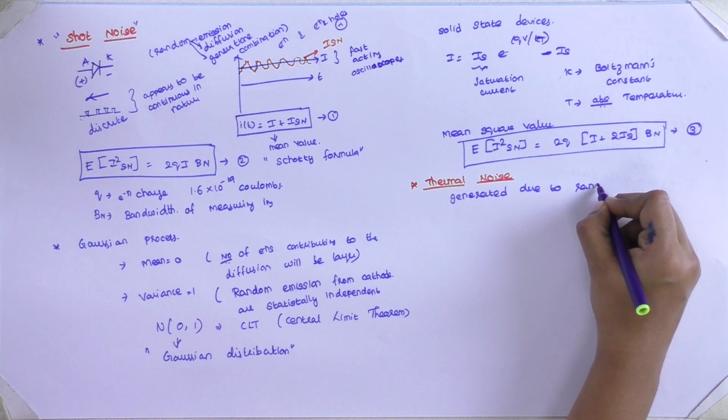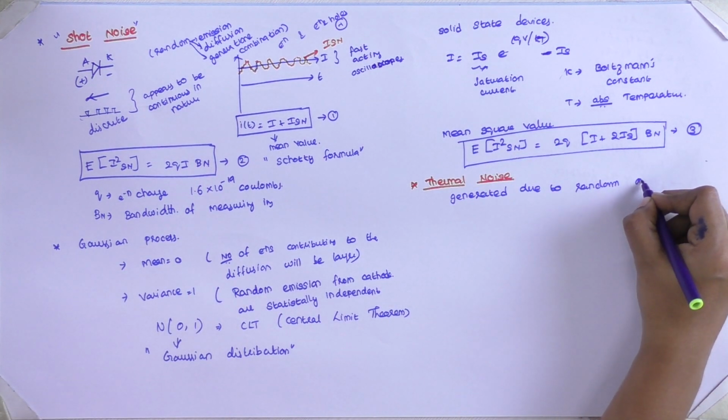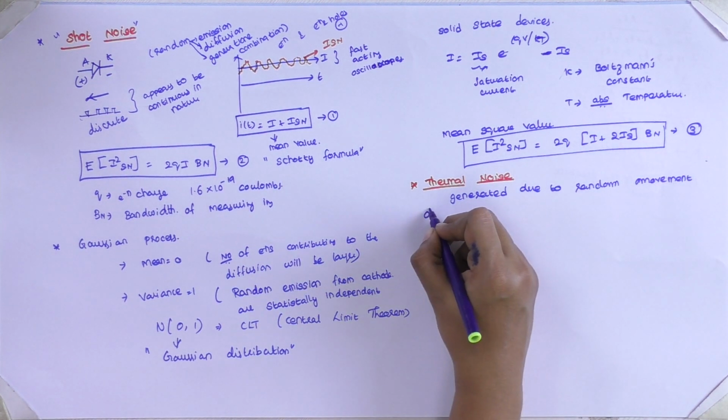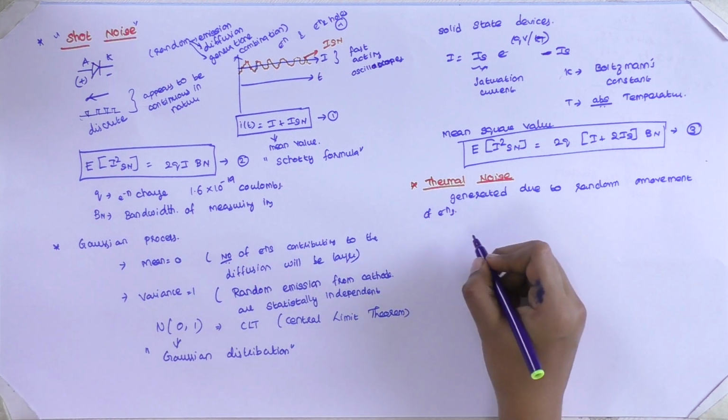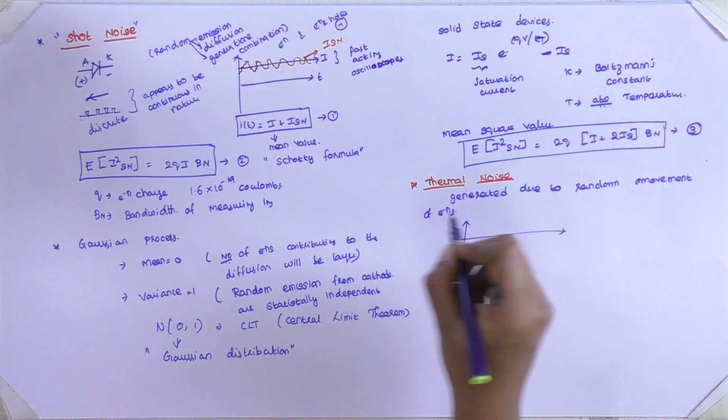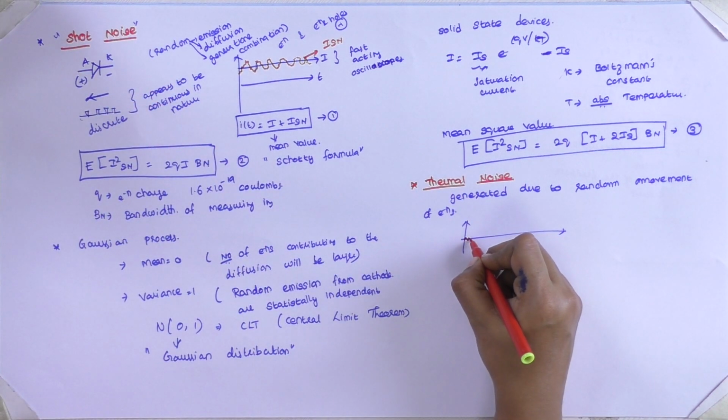Generated due to the random movement of electrons. This type of noise will appear like this.